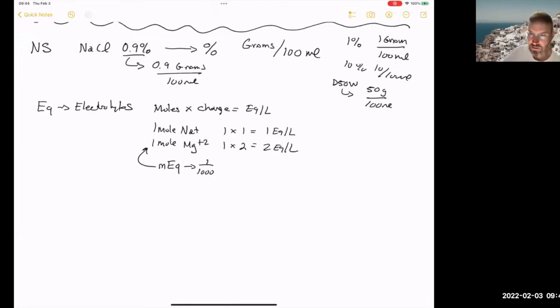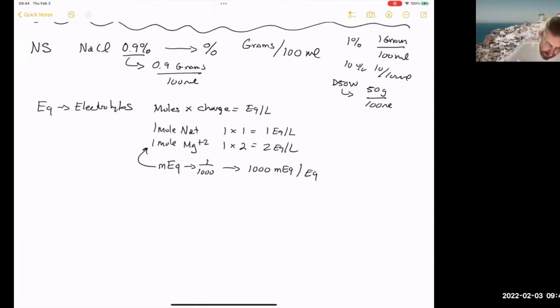So that says that there are 1000 MEQ per EQ. So 1000 milliequivalents equals 1 equivalent, like 1000 milligrams equals a gram, or 1000 grams equals a kilogram. All right. So we're just breaking an equivalent up into 1000 parts.